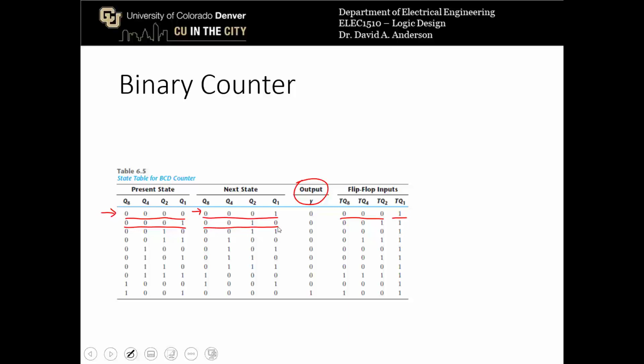The last 2 bits toggle, so in this case, the flip-flop inputs would be 0, 0, 1, 1. For all of the remaining transitions, you can determine what the T flip-flop inputs need to be, and then based on that, you can assign logic functions using K-maps to those T flip-flop inputs.